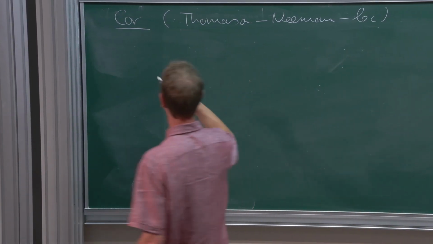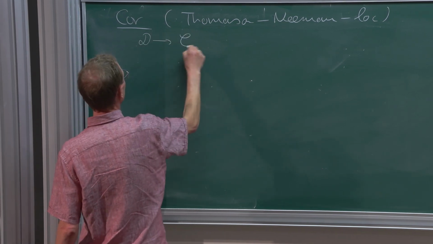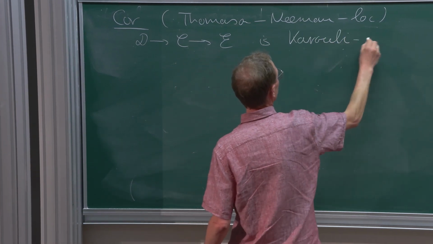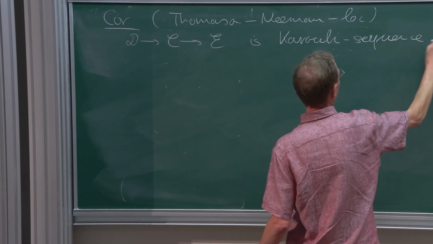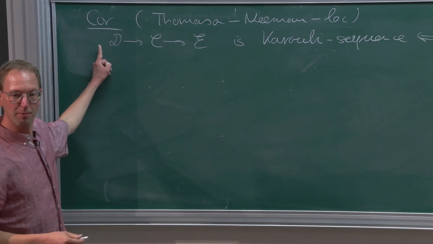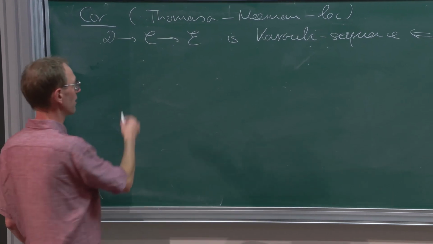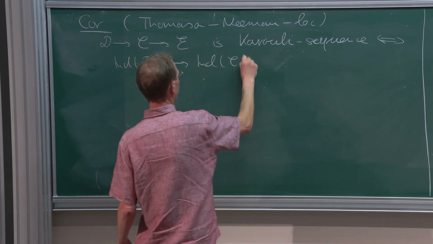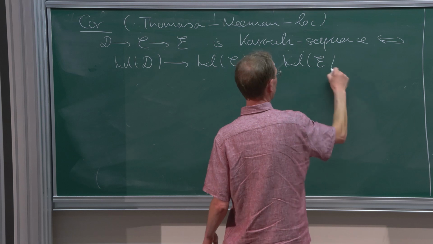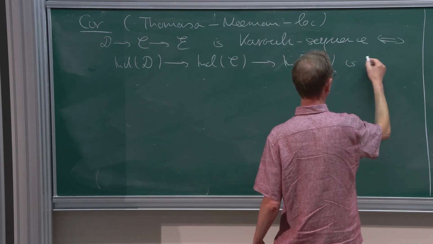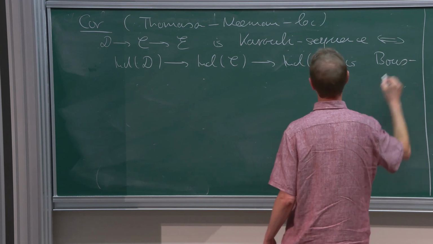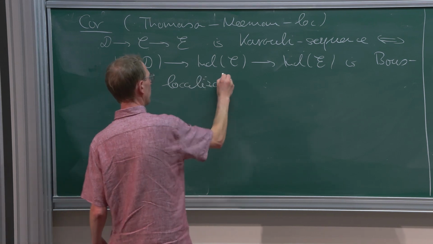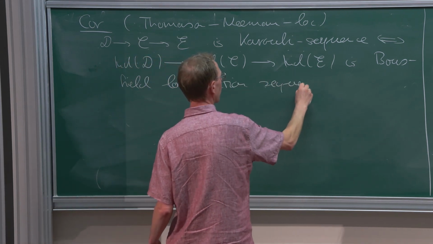So a sequence D to C to E is a Karoubi sequence if and only if the sequence after passage to Ind-completion, Ind D to Ind C to Ind E, is a Bousfield localization sequence in the sense that we just proved.